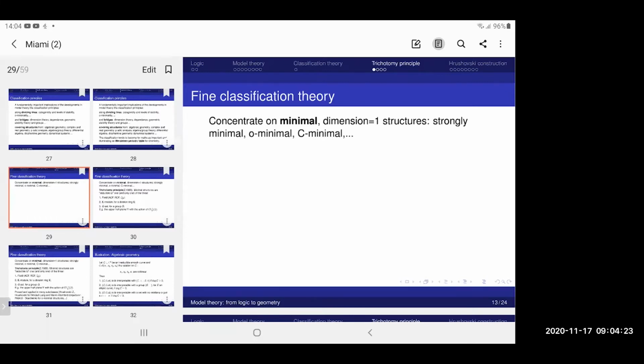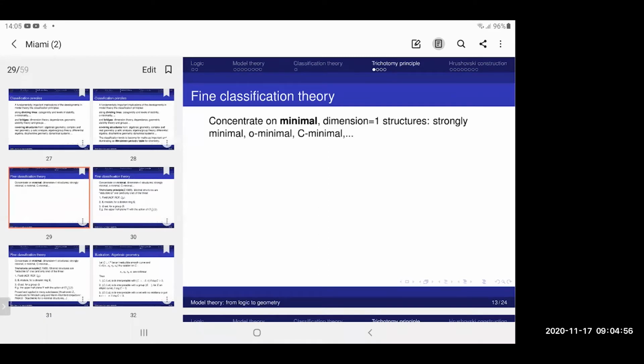But the beginning of this terminology is that when it started, and this was, by the way, before O-minimality started, we had a very vague idea that there is such a thing as dimension in these structures. It came later with developments in classification theory. And there are various types of minimal structures.